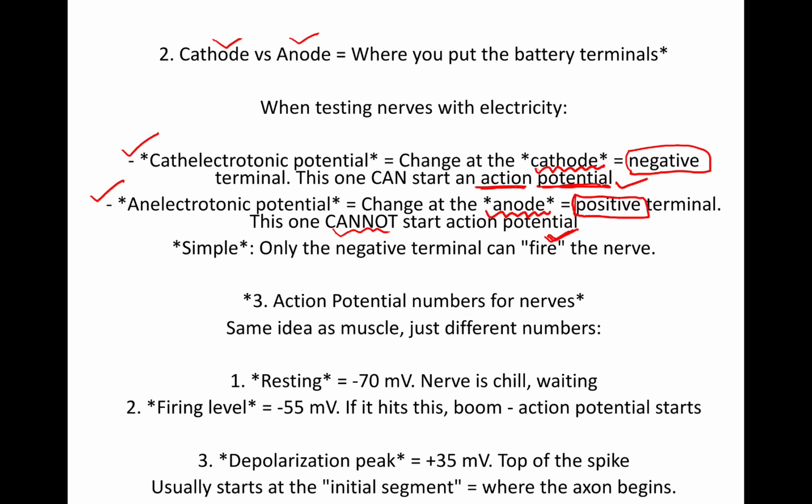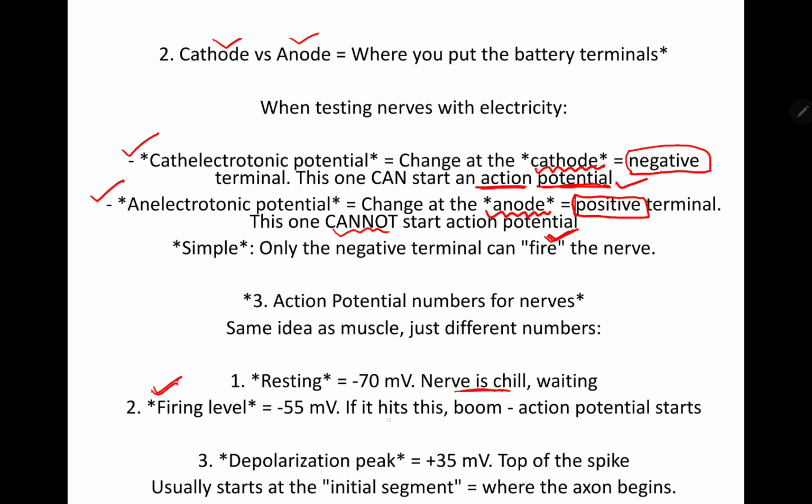Next is action potential numbers for nerves. Same idea as muscle, just different in numbers. The resting phase is about minus 70 millivolts, where the nerve is chill and waiting. The firing level is minus 55 millivolts.